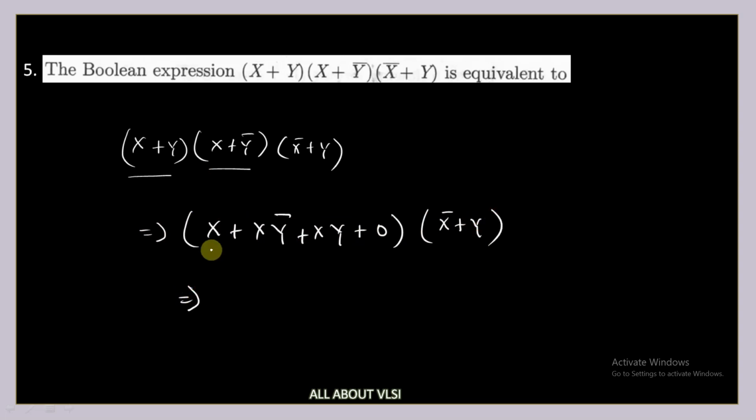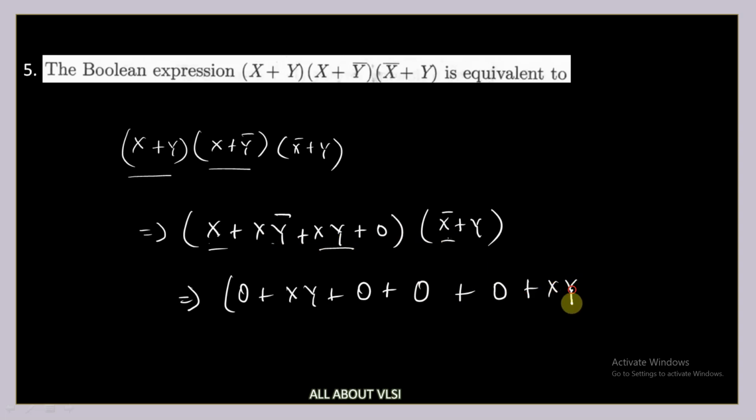Okay, so that means x into x bar is 0, plus x into y is xy, x into x bar is 0, and x into y is xy, and x into this is 0, and we will get one more 0, and this into this is also 0, and followed by xy plus 0. So my final answer is simply xy.